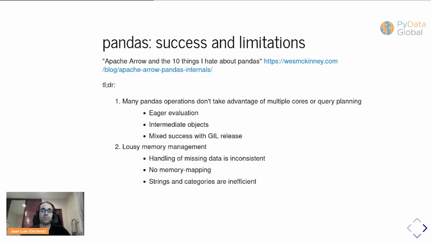Then there have been some efforts to try to rewrite some parts of pandas so that the GIL could be released or some parts could be parallelized, and there has been mixed success. Some things can indeed be successfully parallelized, but some others haven't.